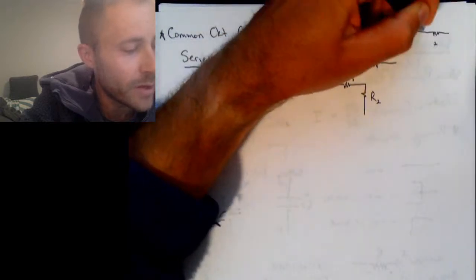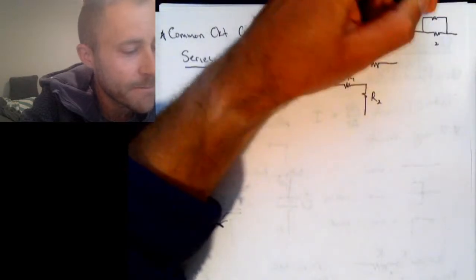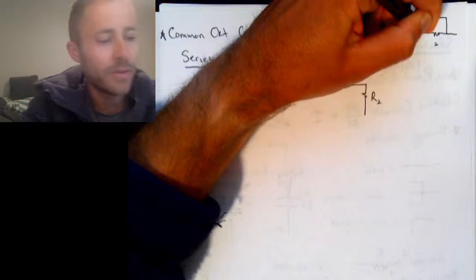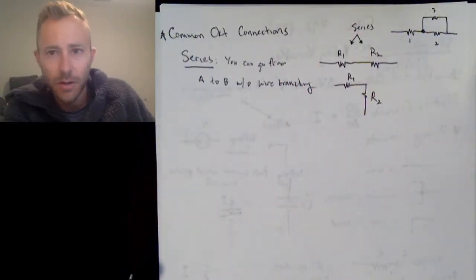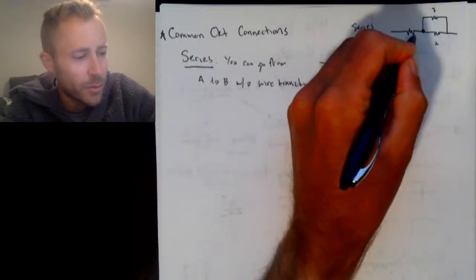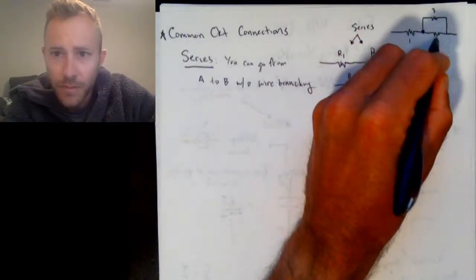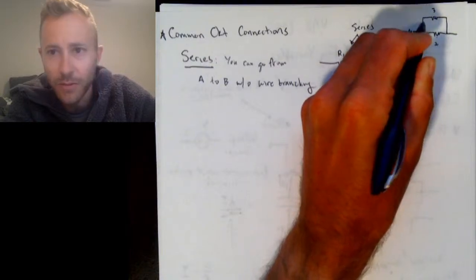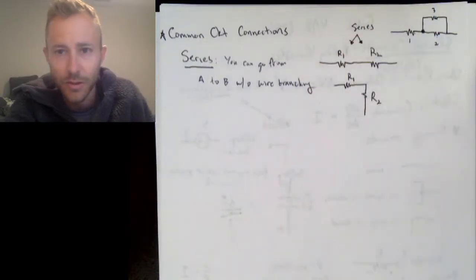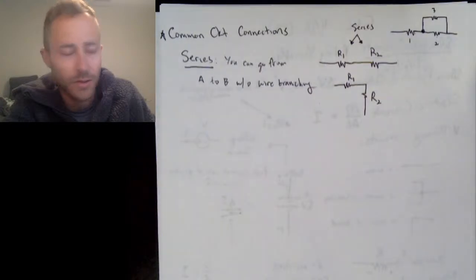If you had 1, 2, and 3, these 1 and 2 are not in series, because if you were to go from 1 to 2, see how in between them the wire branches off and it goes in that direction. So this is no longer in series.